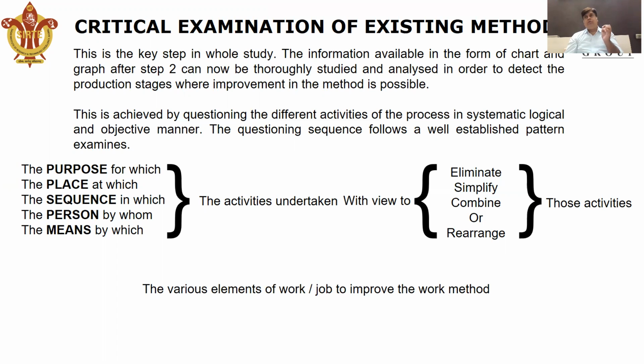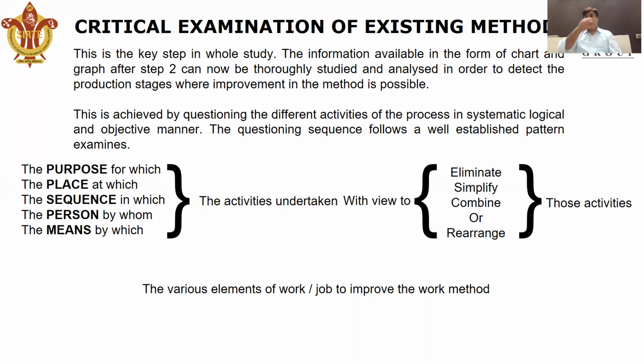So we have taken each and everything, and recorded it in the form of charts, graphs, and different tools, showing how the process is done and how the material is moving. Now in this third step, we have to analyze that information to identify the improved method.